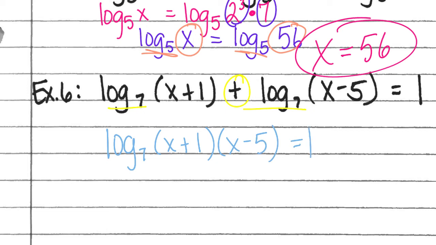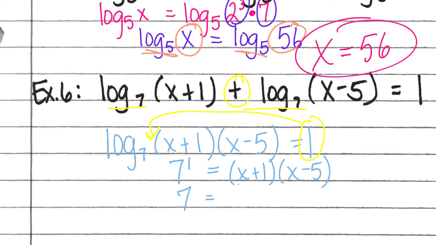So remember, I'm going to throw this 1 into the middle, and I'm going to write it as an exponent. So this is really saying 7 to the 1st power is equal to x plus 1 times x minus 5. Oh yeah, we're talking about quadratics here, folks. We have to FOIL.